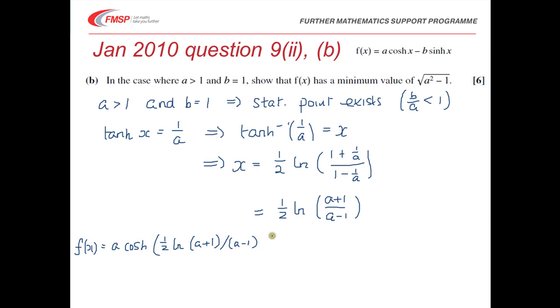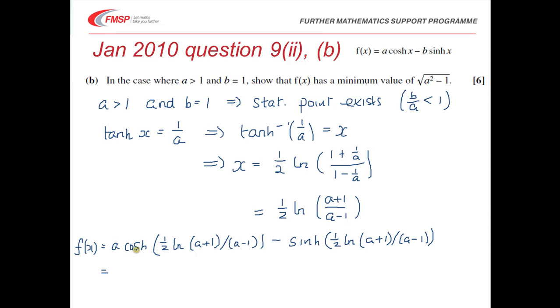So that's a half of log a plus 1 over a minus 1 minus sinh. So remember b is equal to 1, so sinh of x is going to become sinh of a half log of a plus 1 divided by a minus 1. Need another bracket.